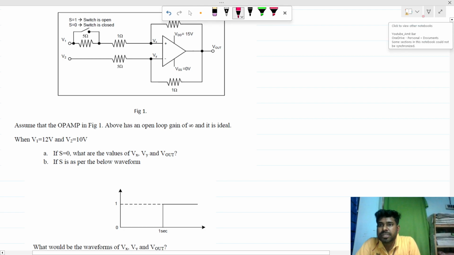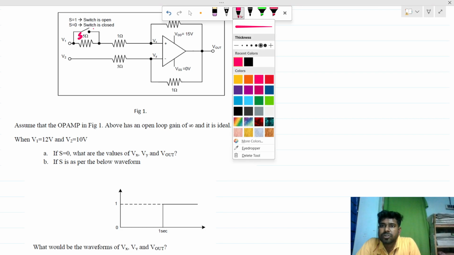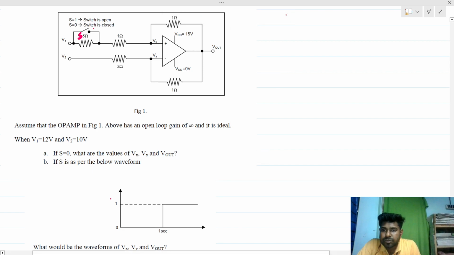So this is the switch, let's say this is S. When this S is 0, the switch is closed. And when the switch is 1, then this is the waveform. So when this is 1, the switch is open, and when this is 0, the switch is closed.